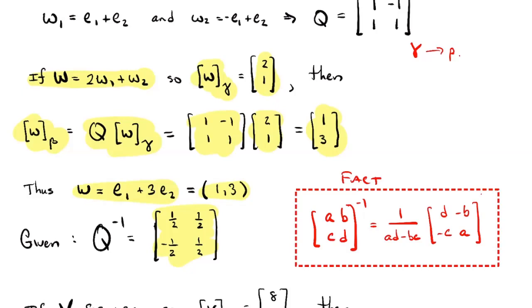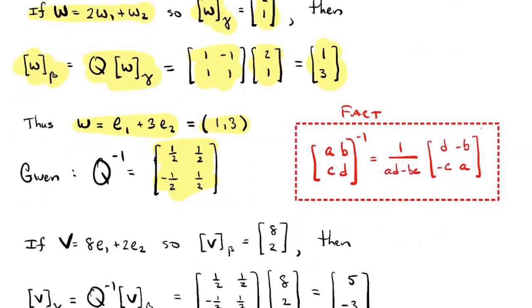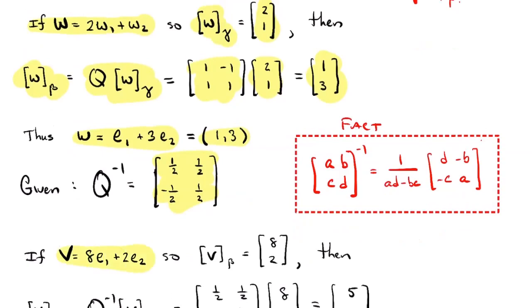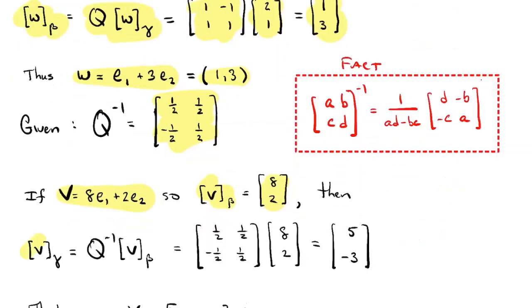What does Q inverse do? It converts coordinates in the standard basis into coordinates in this gamma basis. Let's look at an example. If we took, say, a V in the standard basis, the vector 8, 2, which is 8E1 plus E2, so its coordinate vector 8, 2 is a column vector. Then if I wanted to know what are V's coordinates in the gamma basis, I left multiply by Q inverse.